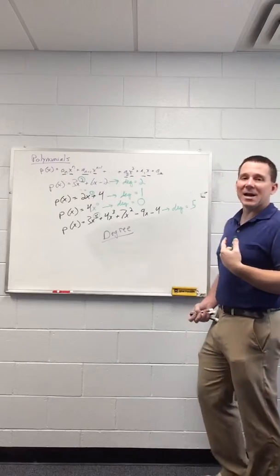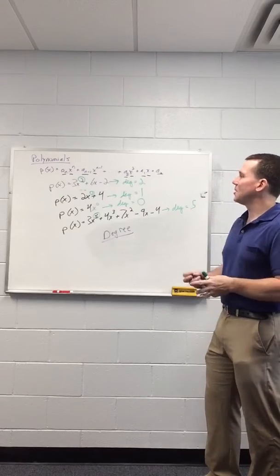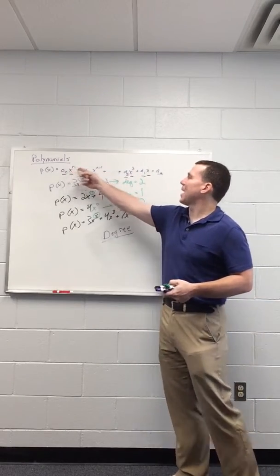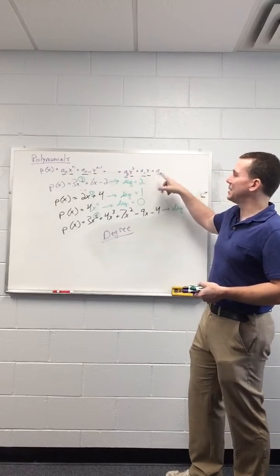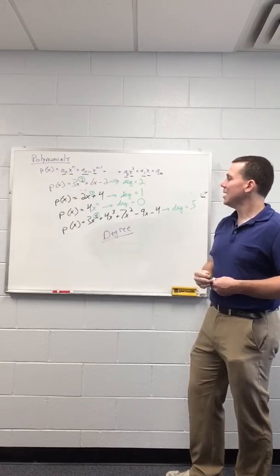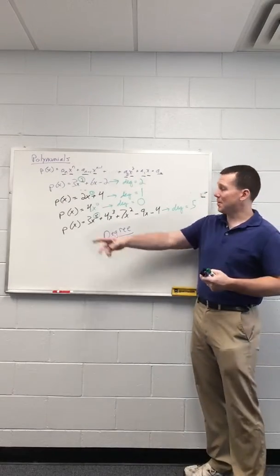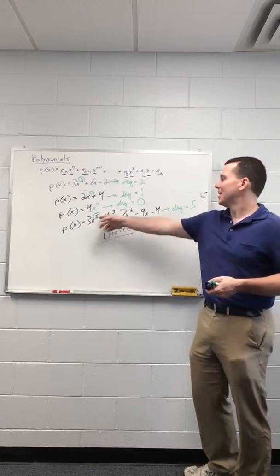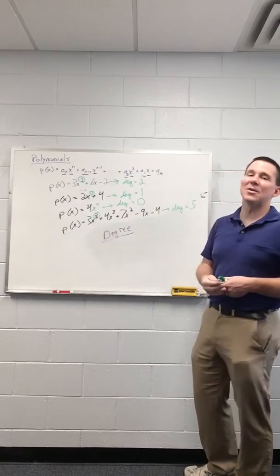Generally speaking, when we write our polynomials, we write them in what's called descending order. That's how this definition is written, from the nth power, the highest power, all the way down to the 0th power. So a lot of times, if you're looking for the degree of your polynomial, if it's written in standard form, you just look at the first value of x, whatever its power is, that's the degree.